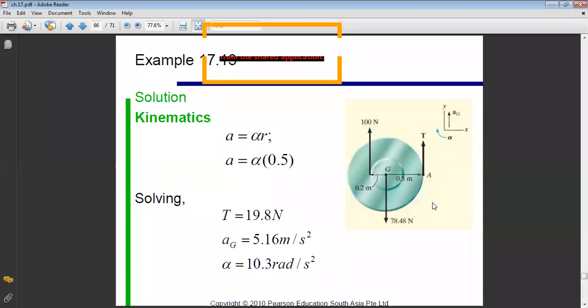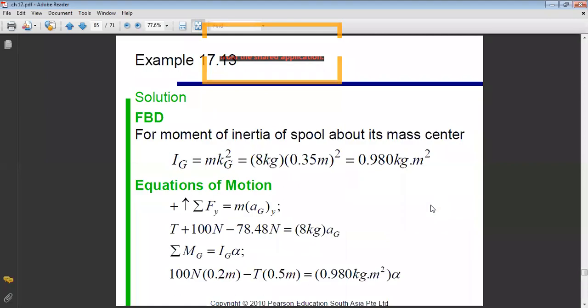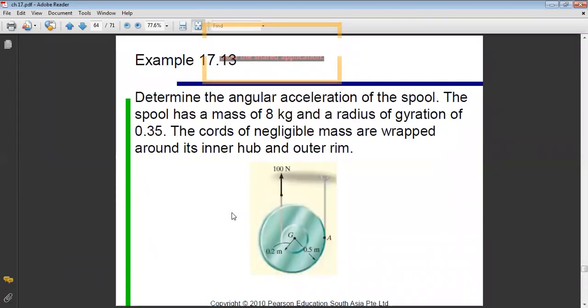So the method we did together reduced the number of equations we need; we just solved 2 equations. However, if you do sum of moment about G, which equals IG alpha, you will involve another unknown, the tension T. In this case, you need a third equation. What will be the third equation?